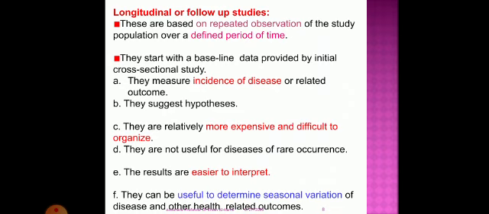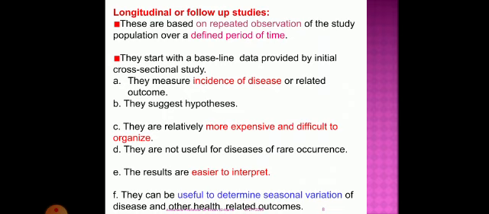But if we want to study the same problem in a longitudinal study, we take a certain group of school children and start the study at the beginning of the first semester in September, and we follow them until the end of December, the end of the first semester.